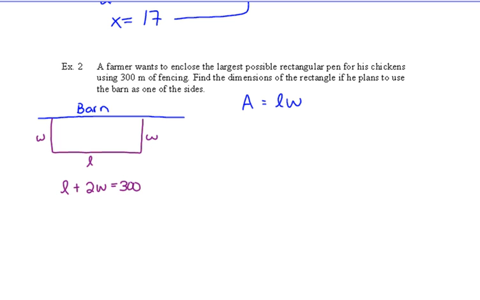So which variable would you like to replace, your length or your width? Now, if we do length, it's already L, like coefficient of 1. So let's replace length to be 300 minus 2w. I can move this up, sorry.